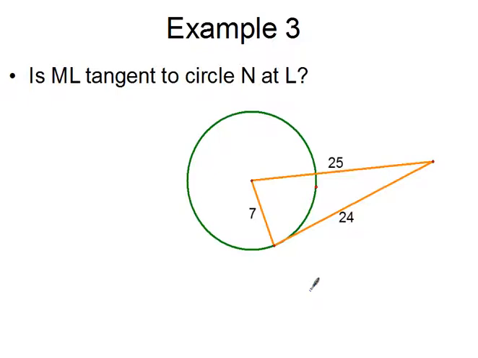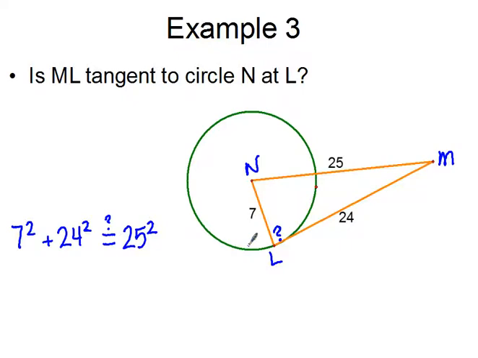Okay, so the question being, is ML tangent to circle N at L? So this is L, this is N. And it wants to know, is it tangent to that circle? So I need to know right here if there's a right angle. So we need to try a Pythagorean theorem and see if it works. So I want to know, does this work?